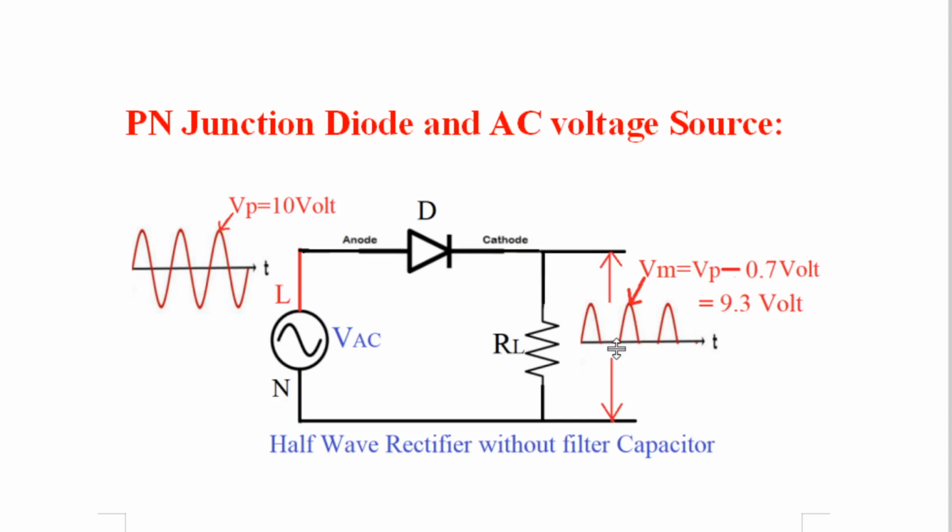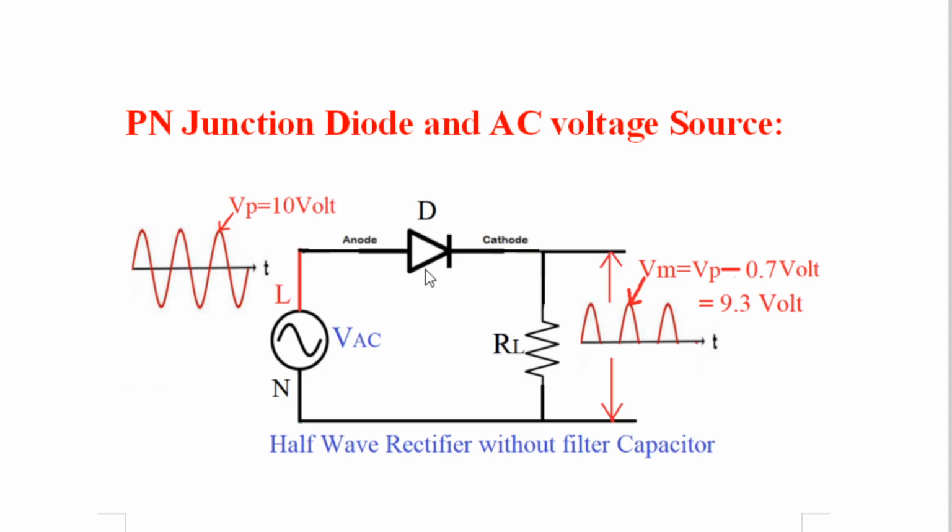And here now, what is the maximum voltage? Here the peak voltage is the maximum voltage of the input. And what will be the maximum voltage of the output? It will be very simple. The applied input voltage is equal to VP, meaning 10 volt.